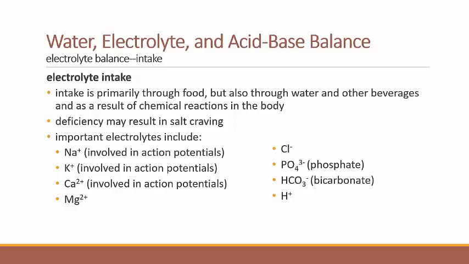Magnesium is important frequently in building enzymes, but there are other places that magnesium is important. The chloride ion is involved in neuron signaling. The phosphate and bicarbonate ions are the result of chemical reactions in the body, and they're important in acid-base balancing. And then, of course, the hydrogen ion is very important, because that's one of the big controllers of pH. If there are a lot of hydrogen ions, then we become acidic.